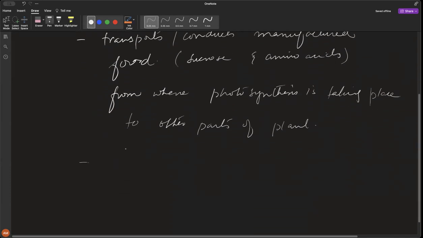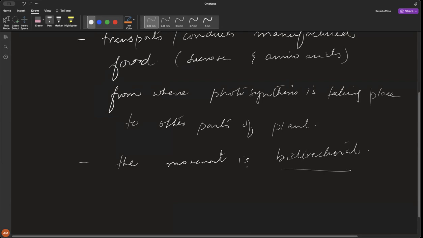So the movement is bidirectional. What does that mean?